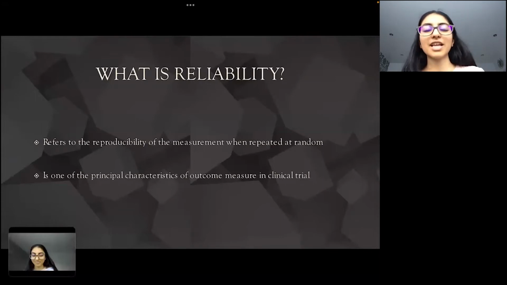And in any measurement in general, it's very important. The reliability of a measurement is also important to consider when choosing a primary outcome measure for a clinical trial, and also when looking at the choice of measures that are used to assess eligibility and exclusion.